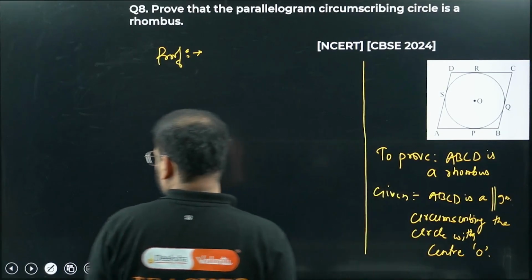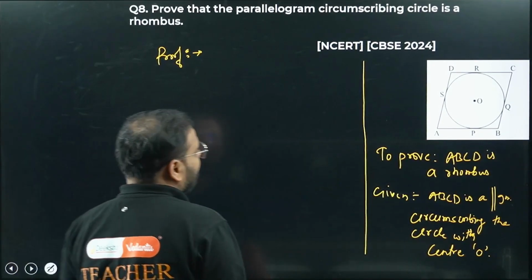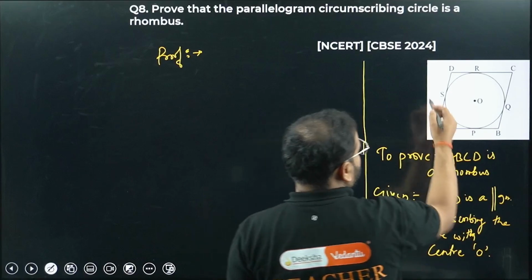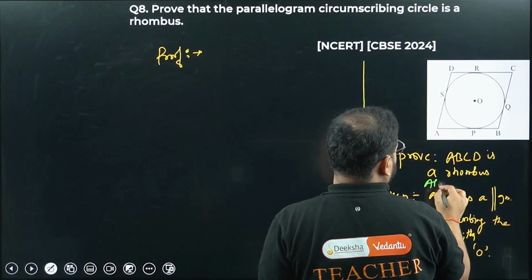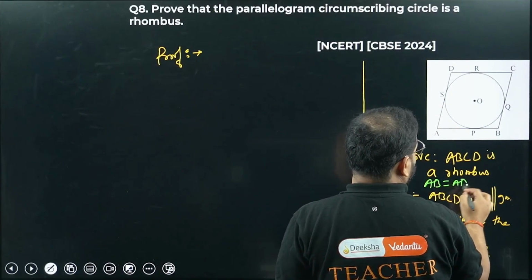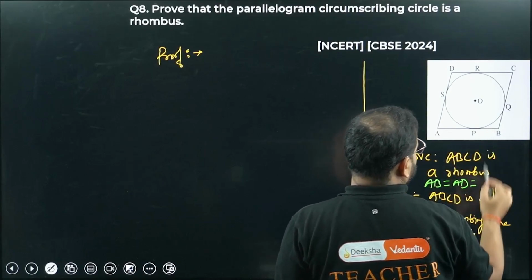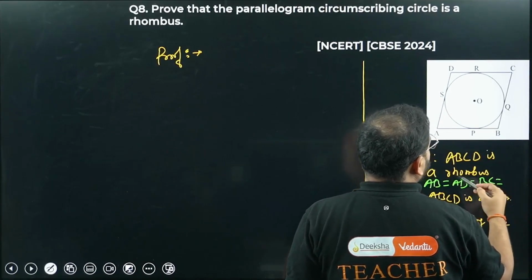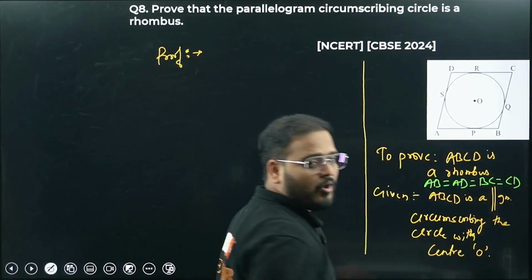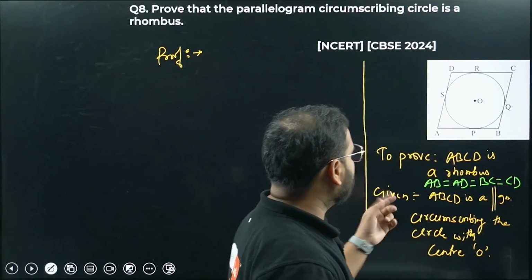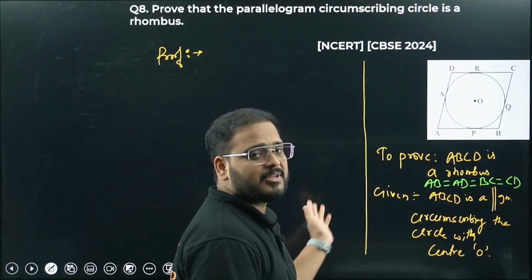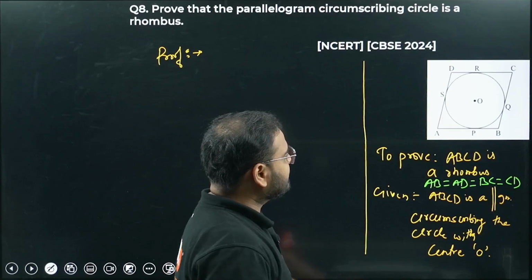We have AB equals CD, right? How will you prove it is a rhombus? If you can prove AB equals AD equals BC equals CD, means if you can prove all sides equal, your job is done. And it is a parallelogram means what?